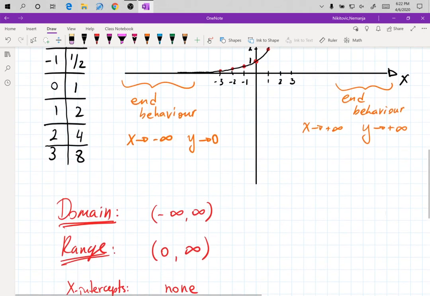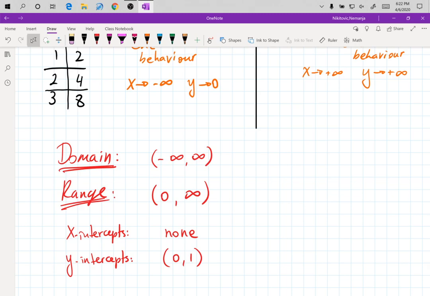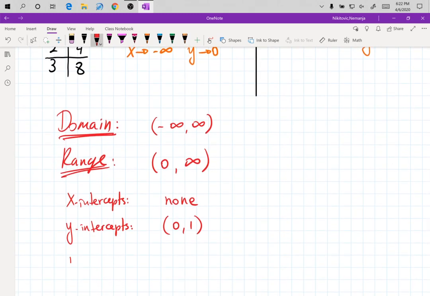Cool. No symmetry on the graph. Some graphs, as you've seen before, have symmetry. I will just go on the side over here and show the symmetry for the x squared graph, right?